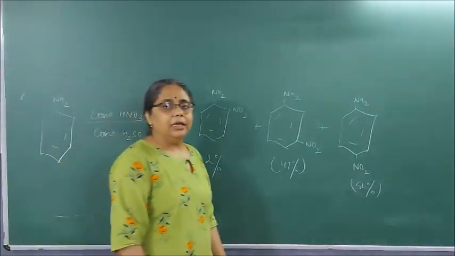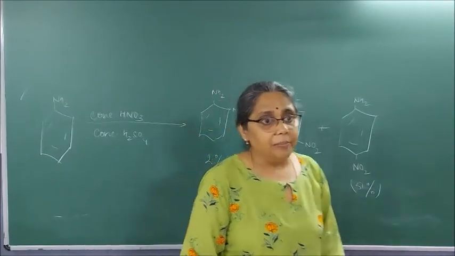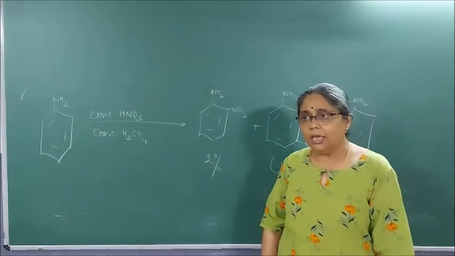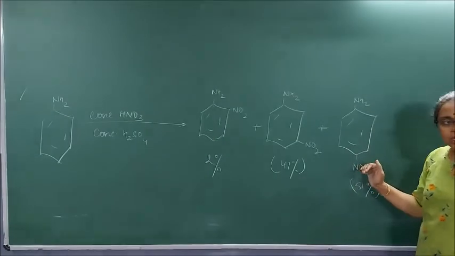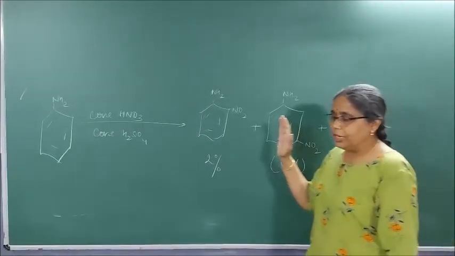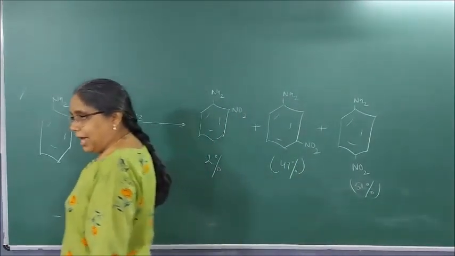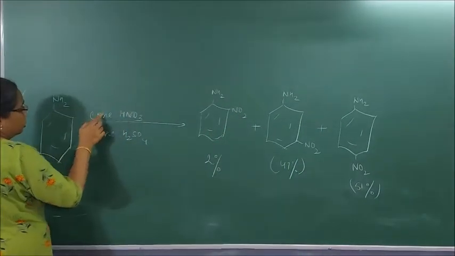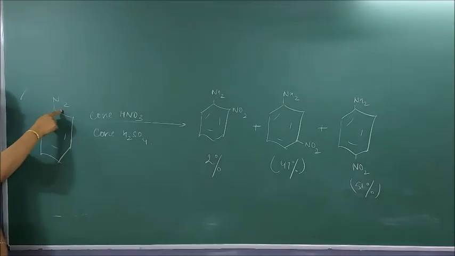And that anilinium ion is meta-directing. So we say the major chunk of aniline gets converted to para-nitroaniline.